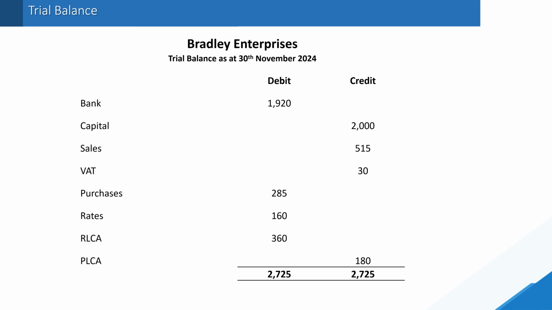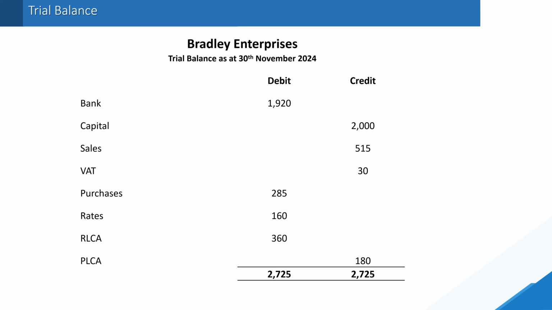So whilst we have a trial balance with debit and credit columns that balance, within those numbers there could be errors. And those errors will be spotted as you prepare your financial statements, and that's something you'll look at as your studies progress. For now, we can look at our trial balance and we can make certain assumptions and conclusions.